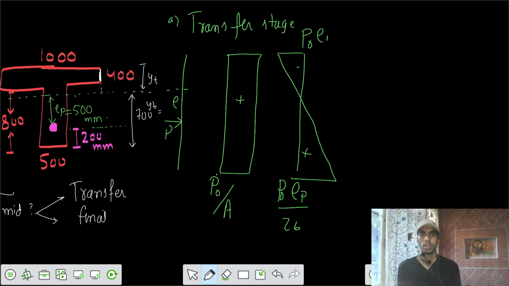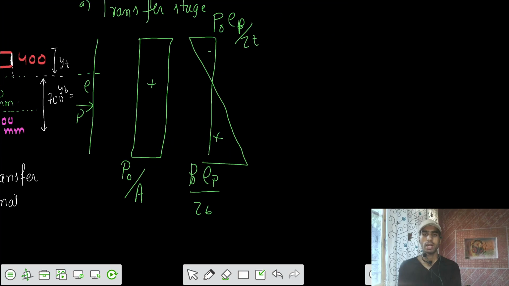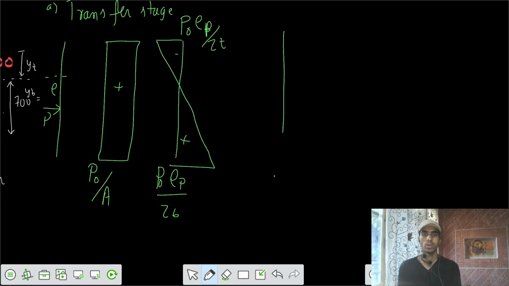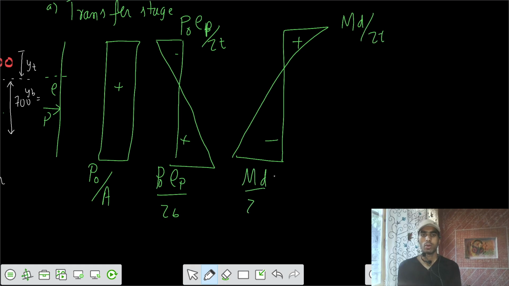And third, because of the dead load, top compressive, bottom tensile: M dead by Z top and M dead by Z bottom.